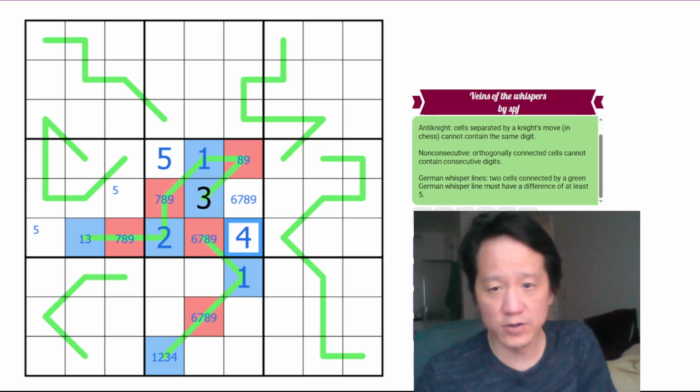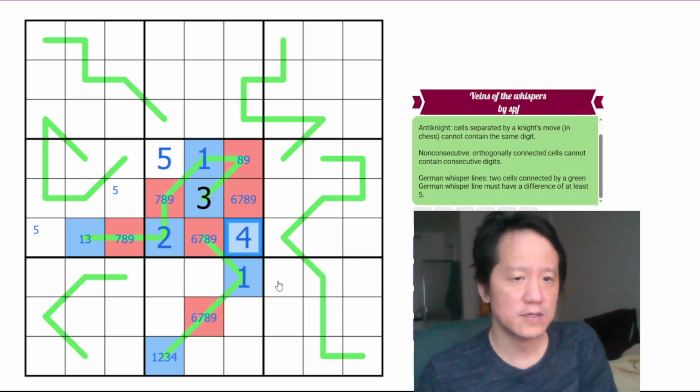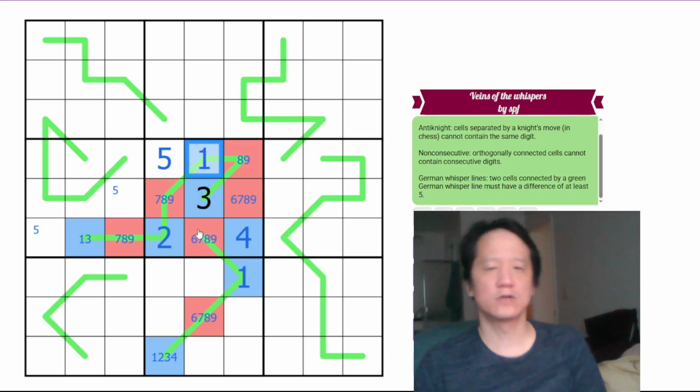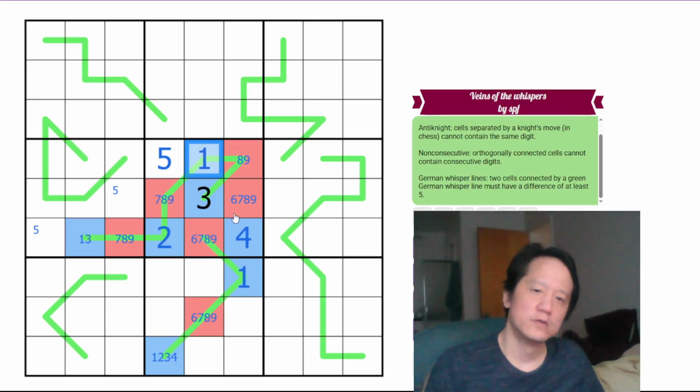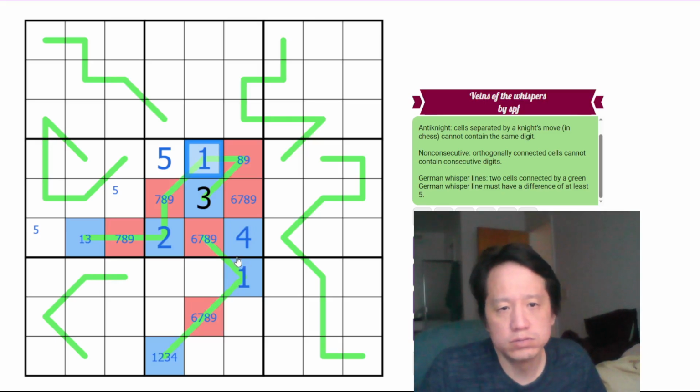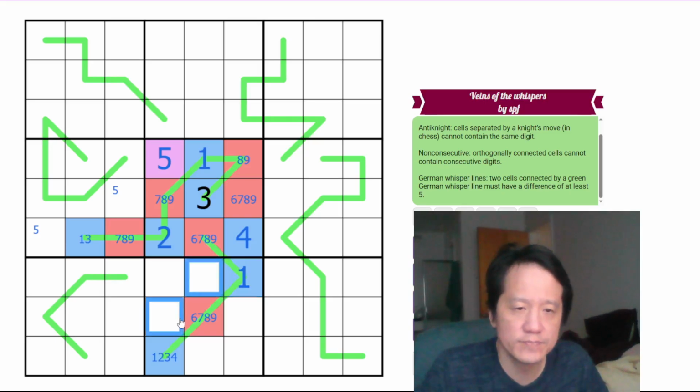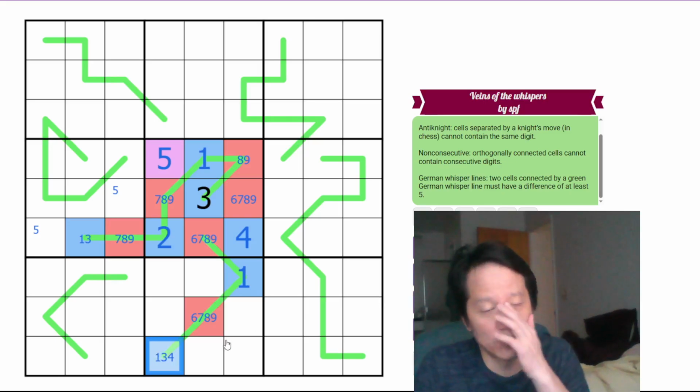This is a low, obviously, and this is high. 1 is here, 1 is here. This is a central one. This cannot be 2 or 1.